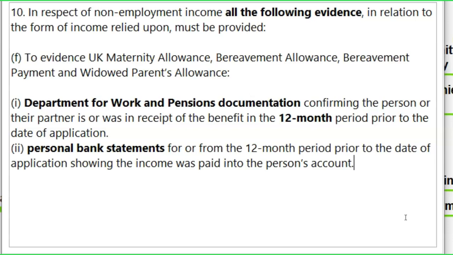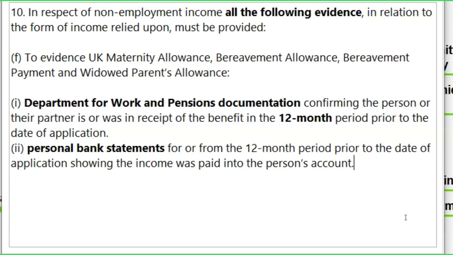However, they will consider allowances which you were receiving not due to your low income, but as a result of some sort of events in your life. For example, they will allow the UK maternity allowance or bereavement allowance, a bereavement payment, and widowed allowance. And to evidence these allowable allowances, you need to only provide them with two documents.